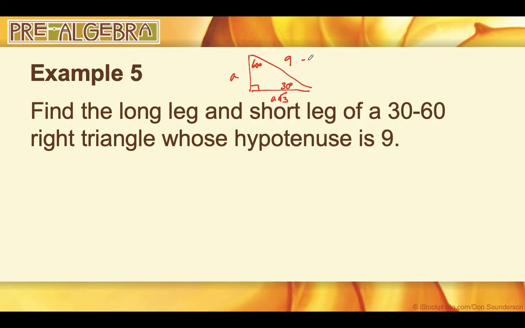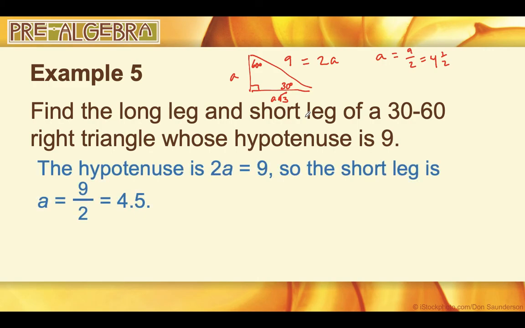But I do know that this is 2 times whatever A is. Therefore, A has to be what? 9 divided by 2, which would be 4.5. Or you can leave it as 9 over 2. That works. So find A first.